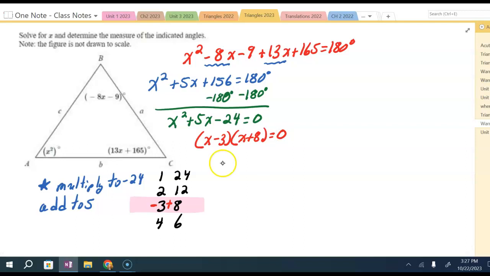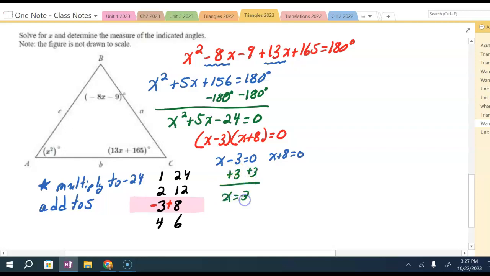We'll set each piece equal to 0. Then we'll add 3 to both sides, so x is equal to 3. And we'll subtract 8 on the other problem, so x is equal to -8.